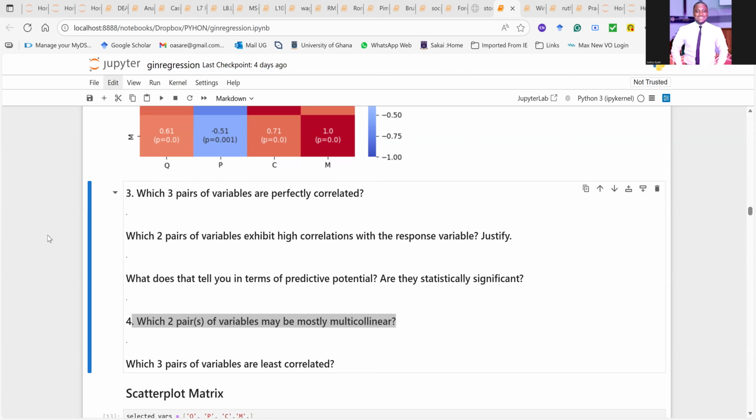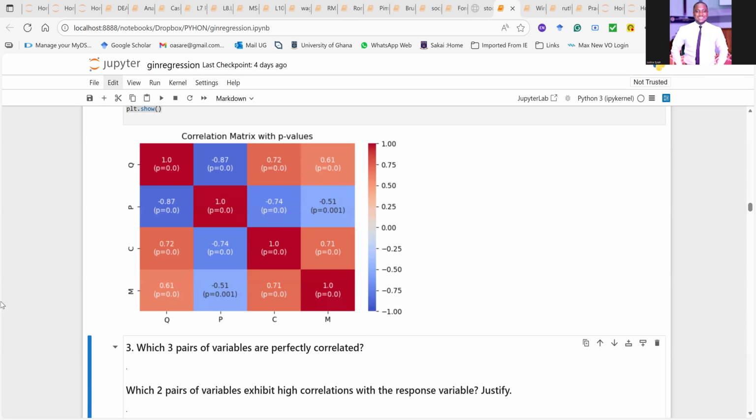I was assuming that because it's very blue, it means it should be the last. The color means nothing. The color only tells you the intensity. Okay. All right.